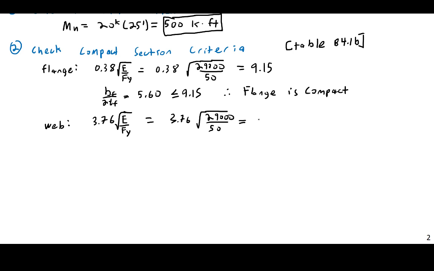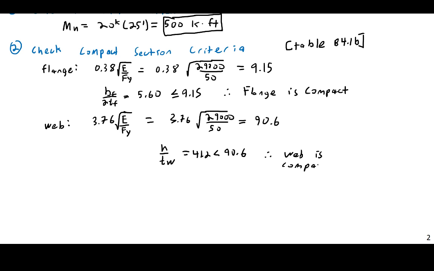Again, this is coming from the same table. We compare this to our limiting web ratio, h over tw, the height of the web over the thickness of the web, and that is equal to 41.2, and this is clearly less than 90.6. Therefore, our web is also compact.